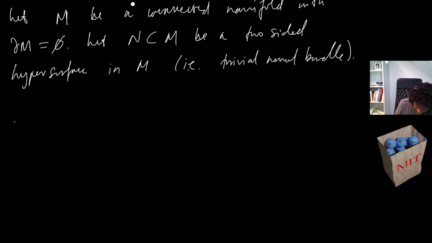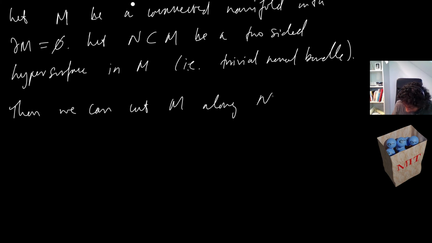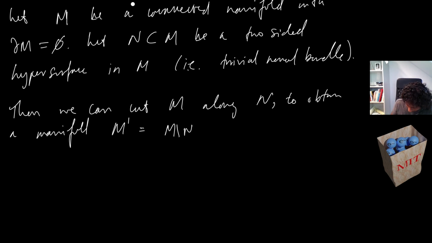Okay, then we can cut M along N to obtain a manifold M prime, which we can maybe write as M subtract N union N1 disjoint union N2.